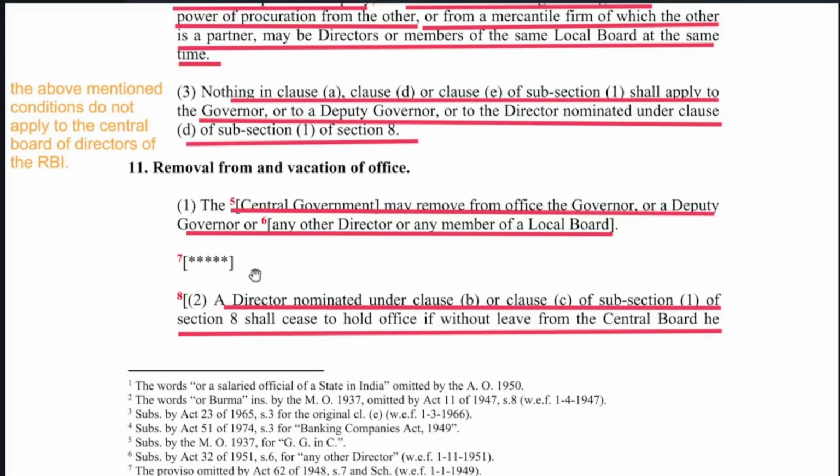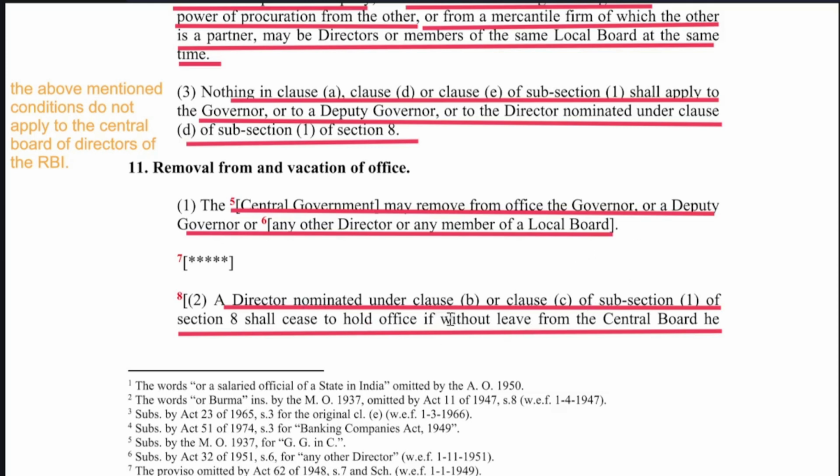Moving on to section 11, removal from and vacation of office. Now, the central government may remove from the office the governor or a deputy governor or any other director or any other member of the local board, meaning thereby the appointing authority, that is the central government, can remove the governor of the RBI, the deputy governor of the RBI, or any other director or any member of the local board.